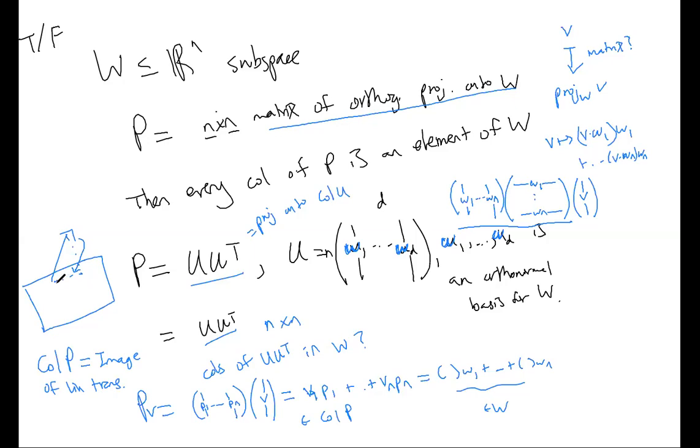So everything lands in W, so it exactly equals W. So everything in the column space of P is equal to W, and so the columns in particular have to be in W.